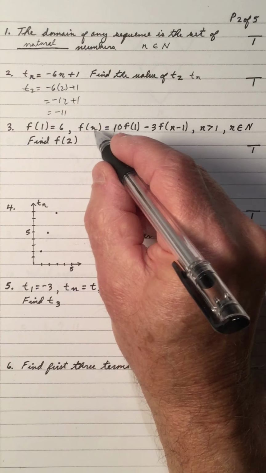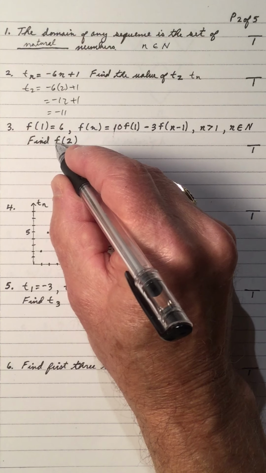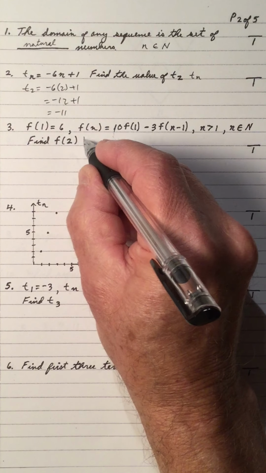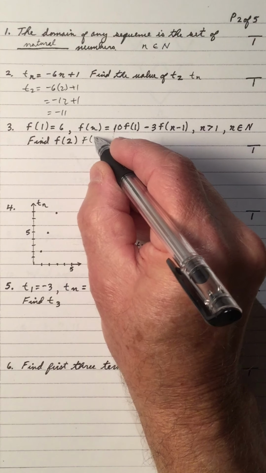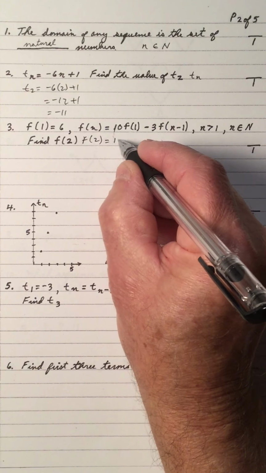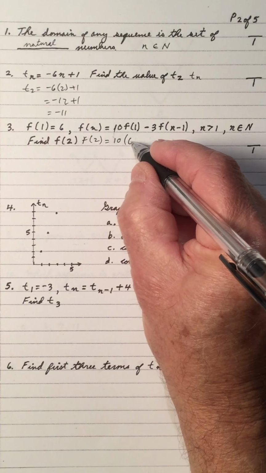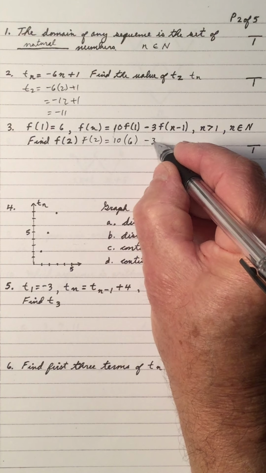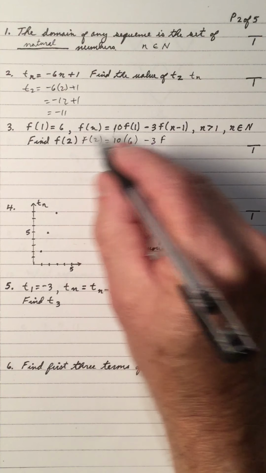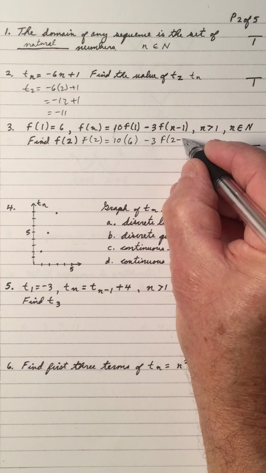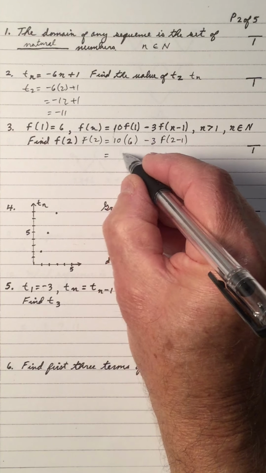So the f of n is the f of 2, means that, let's put a 2 right here, and the f of 1 is 6, so that's 10 times 6, and this is, n is 2, so this is 2 minus 1.